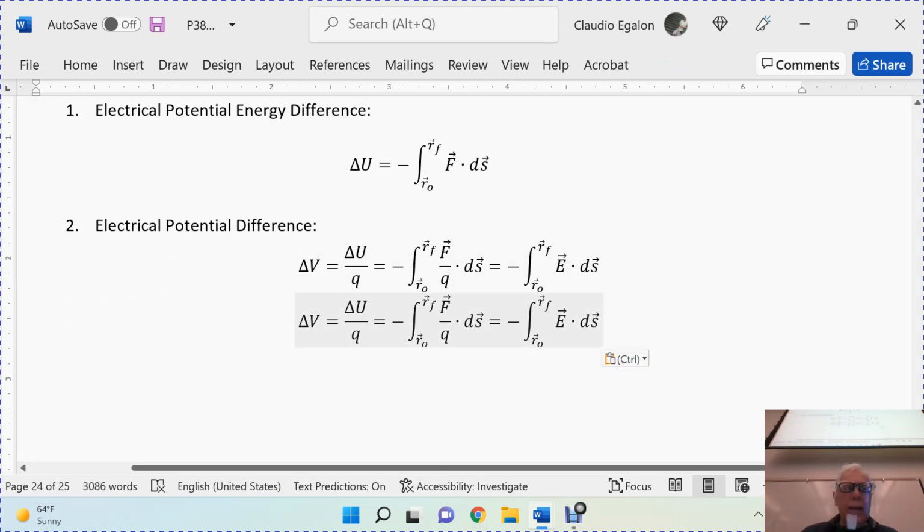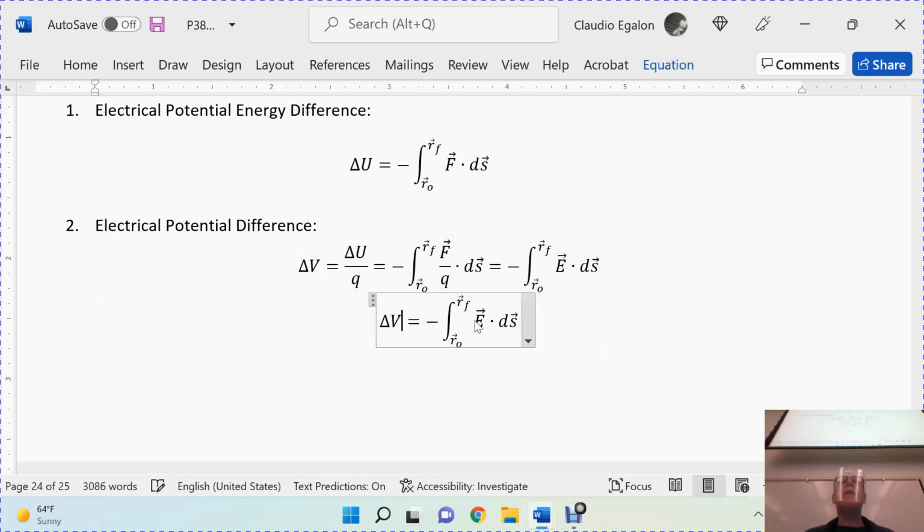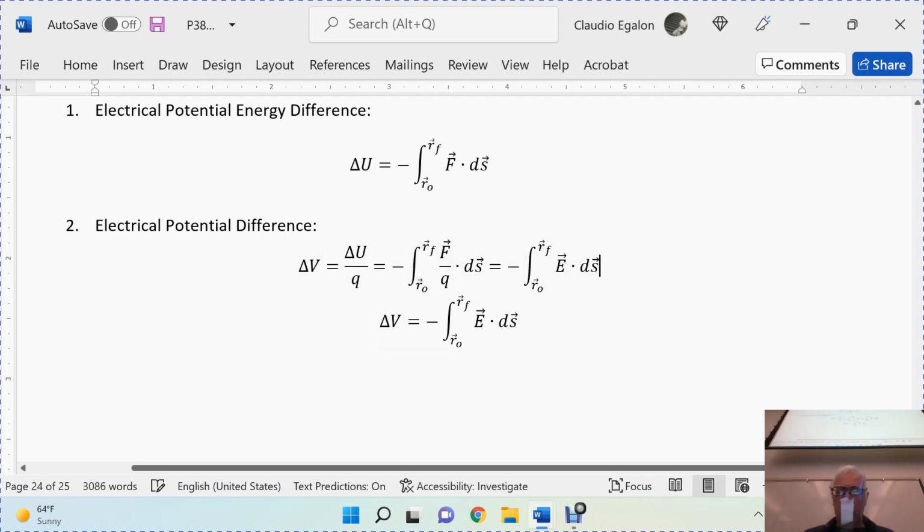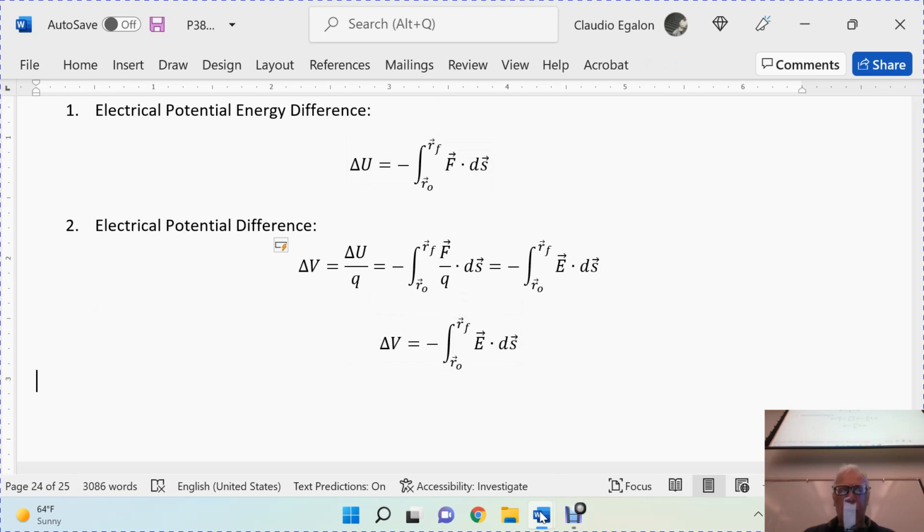Something like that can also be defined for the gravitational force and Hooke's law as well, but we don't do that in mechanics. But it's possible to do a similar definition. So those are the two important definitions that we covered before.